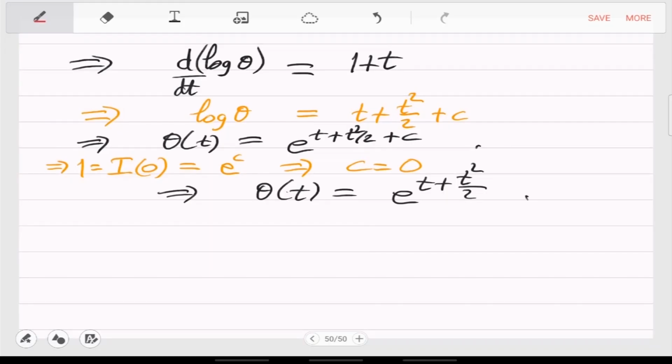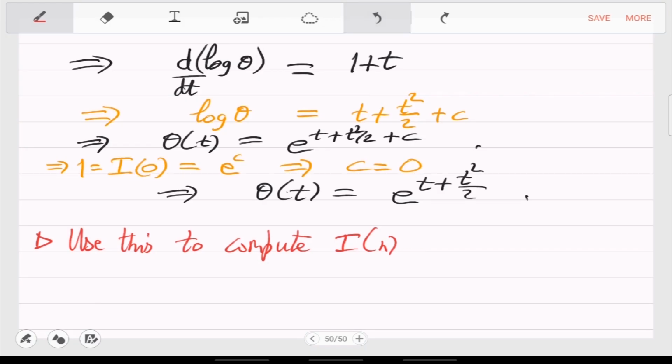So now you can use this to compute coefficient. Well, you want to compute In, which is in fact In by n factorial, which is the coefficient of t raised to n in e raised to t plus t square by 2.